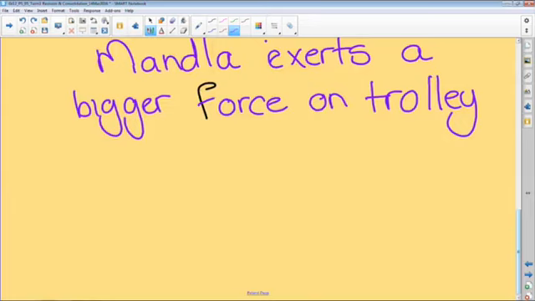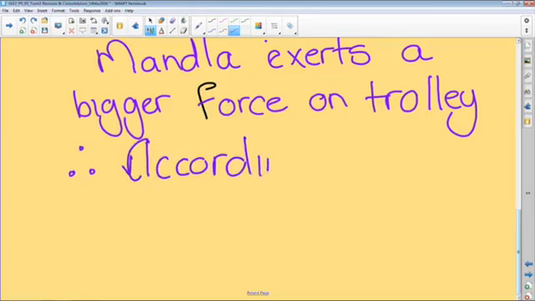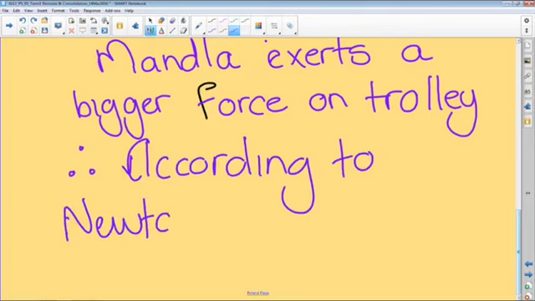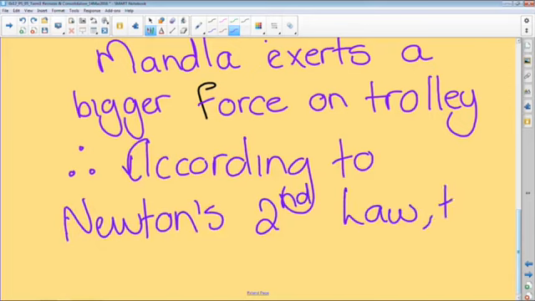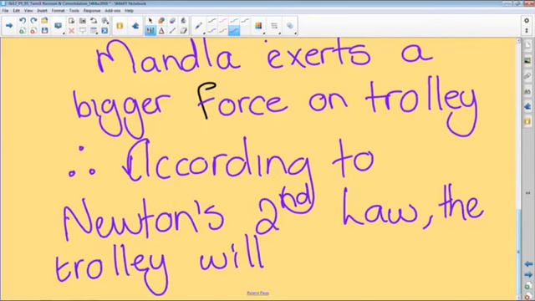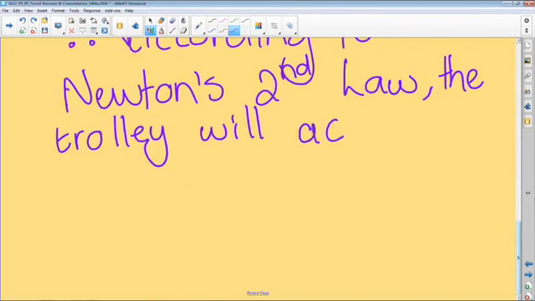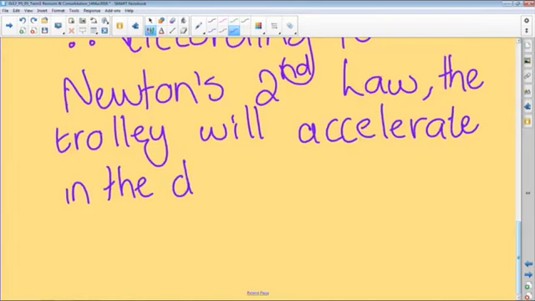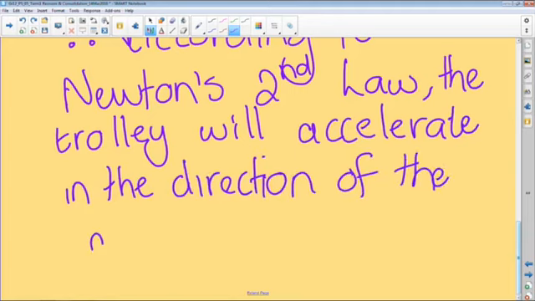So, bigger force on the trolley, and therefore, according to Newton's second law, the trolley will accelerate in the direction of the net force.